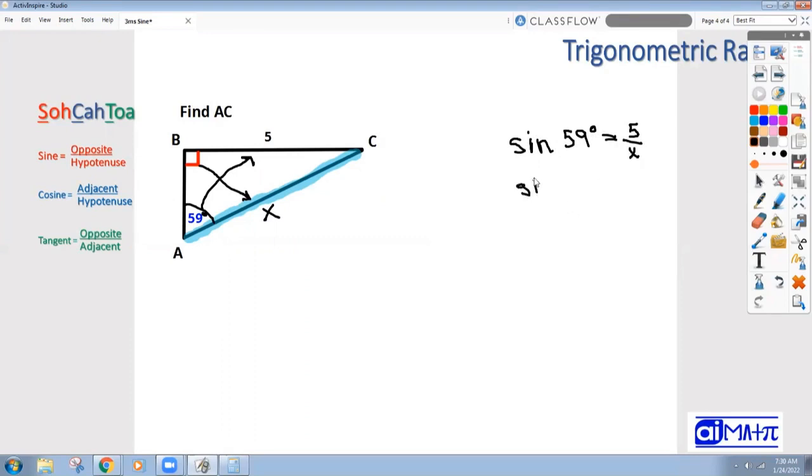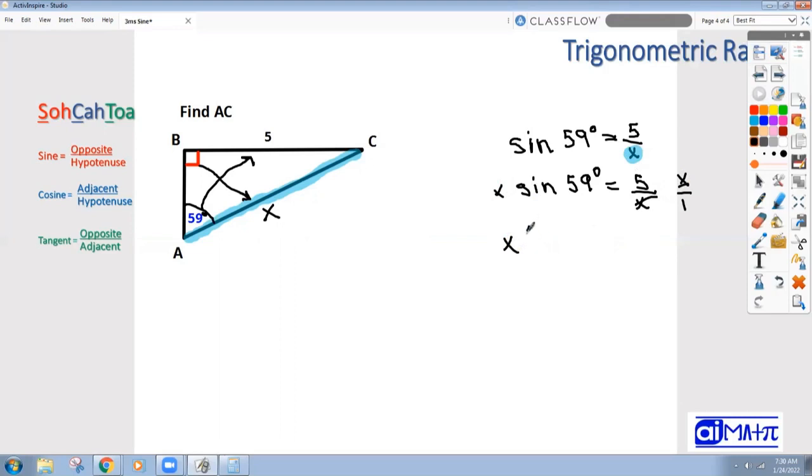And here, we would find out the sine of 59 degrees. And this time, while the x is in the denominator, we're going to actually divide. Write this out algebraically, you would have 5 over x right here. So you would multiply both sides by x. This would cancel out. And over here, you'd have x times the sine of 59 degrees is equal to 5.